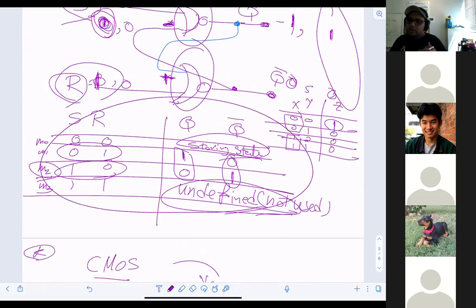If you are NAND, it's gonna be 0-0. But as a designer, I should use all the states. Do you agree? So that's one of the disadvantages of the latch. The second disadvantage is it is static, it's stationary. That means I have to come physically by my hand and put the setup on S and R so I can keep Q and Q complement fixed. So there is no timing aspect to it.